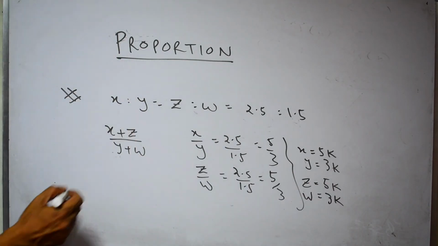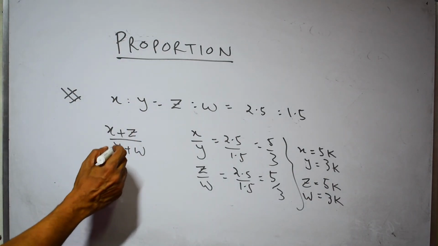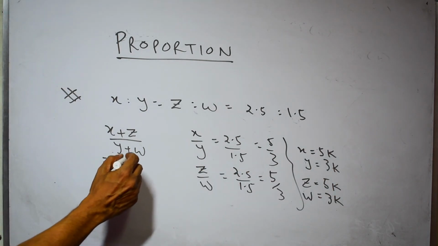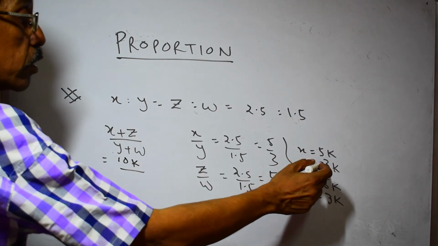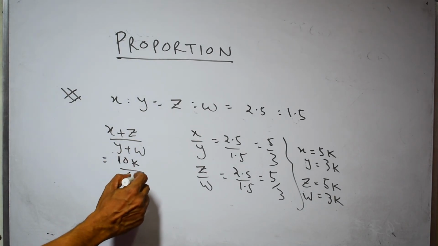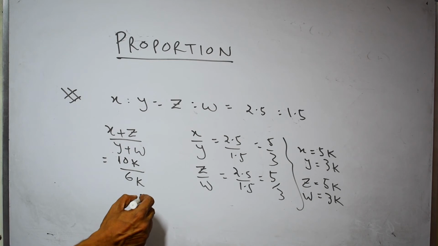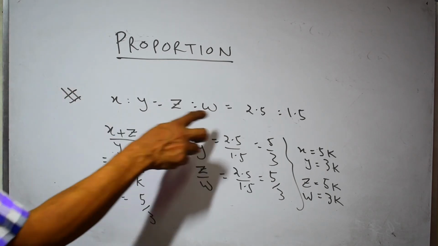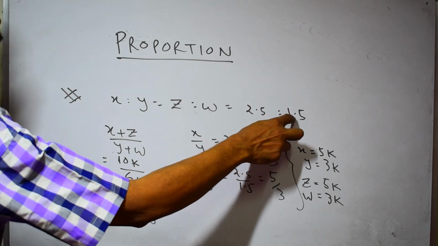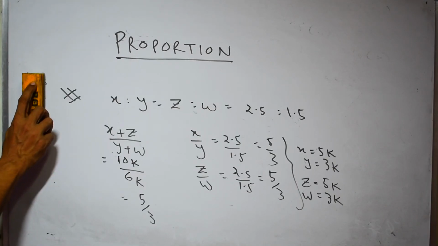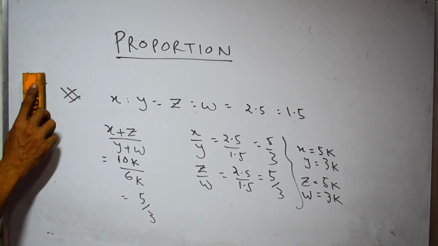So now we can come to this example. x plus z will be 5k plus 5k, that is 10k, and y plus w will be 3k plus 3k is 6k. So finally the answer is 5 is to 3, which can be very easily seen here. 2.5 and 1.5, if you add the totals, it comes in this way. So these are problems of proportion also.